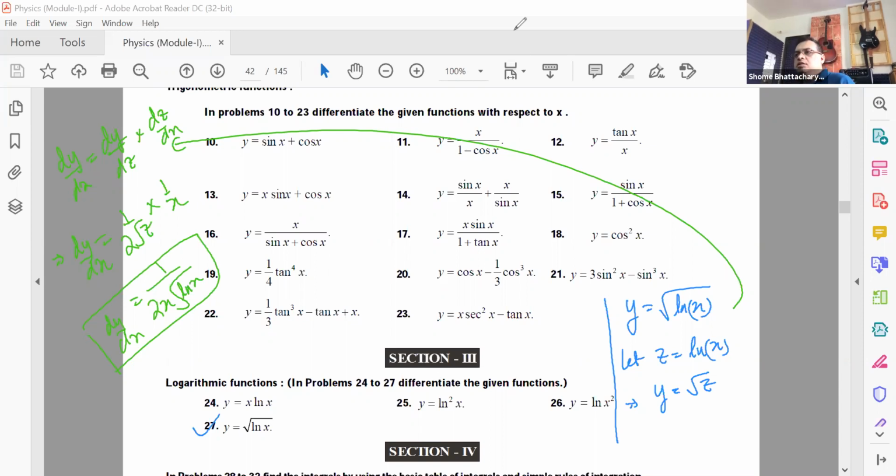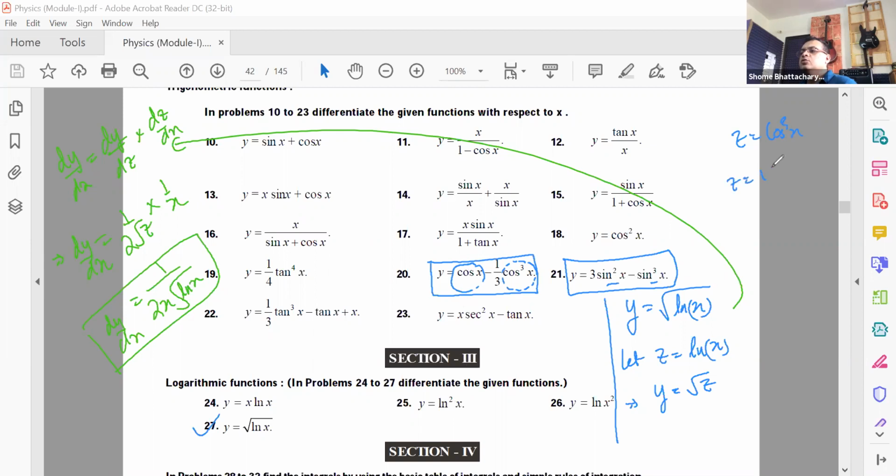Okay, anything else in this section? Okay. Just again to reiterate a point, again questions like this, if you see the 20th one or the 21st one, you'll have to use chain rule twice. I mean, in this you'll have to use chain rule twice, in this only once. So differentiate this, that is simple, it is minus sin x. But when you're differentiating cos cube x, you have to use chain rule. Okay. So think of that as a new variable. z is equal to cos cube x.